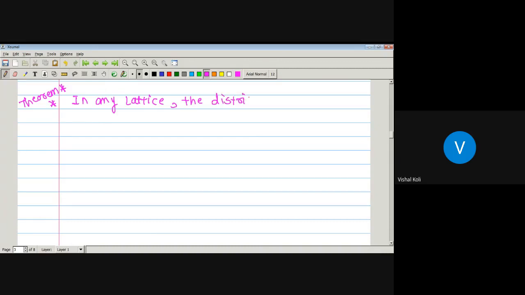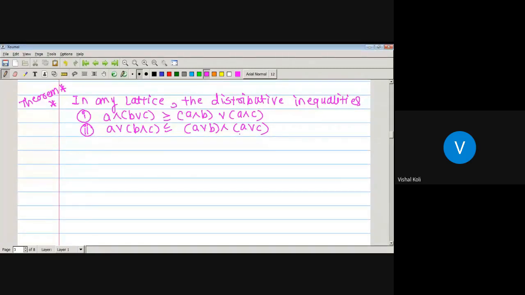The first one: A meet (B join C) is greater than or equal to (A meet B) join (A meet C), and in the second one, A join (B meet C) is less than or equal to (A join B) meet (A join C).